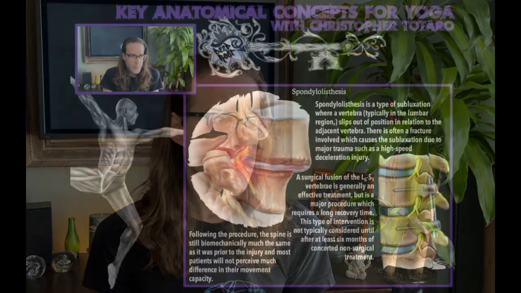But you've got 22 other joints that you still have full capacity, and in most cases, those remaining 22 joints can pull their weight and make up for the loss of mobility here between these 2 individual vertebrae.